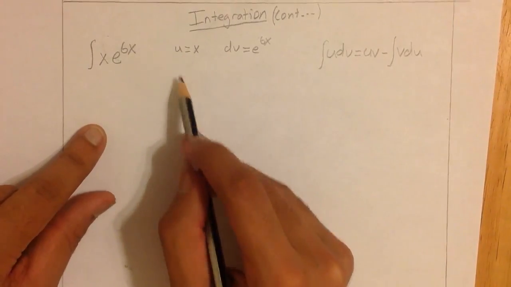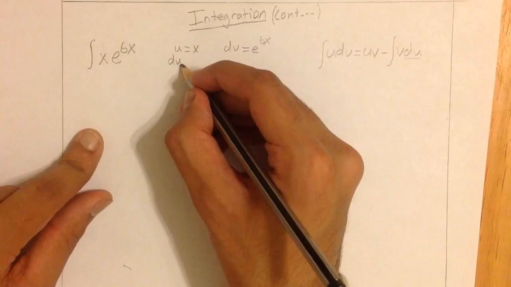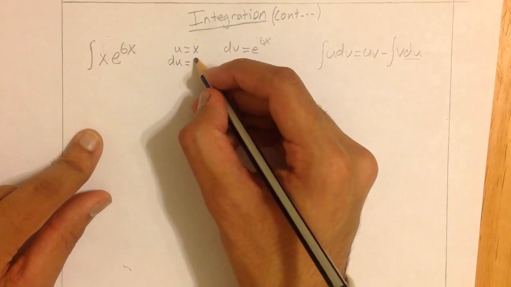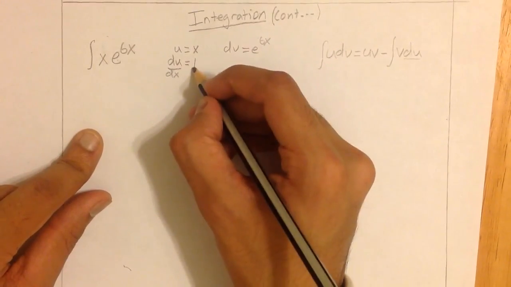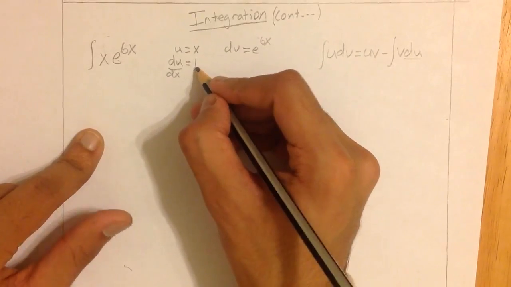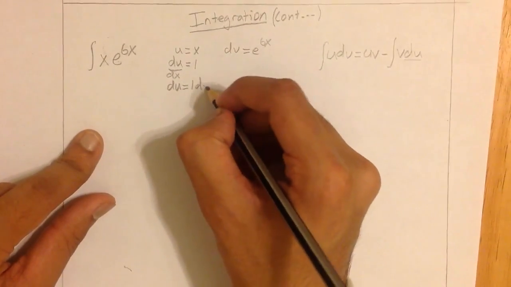Then let's find du, this component of the equation. So du dx equals 1, which means that du equals 1 dx.